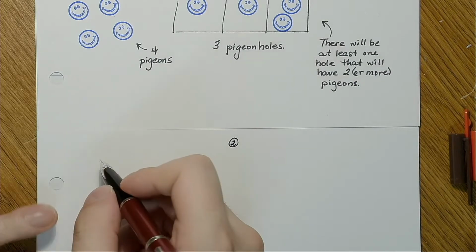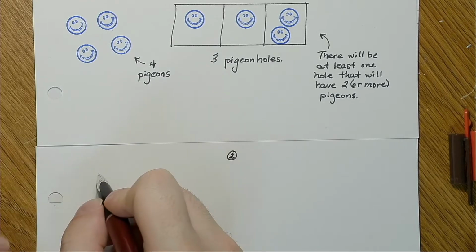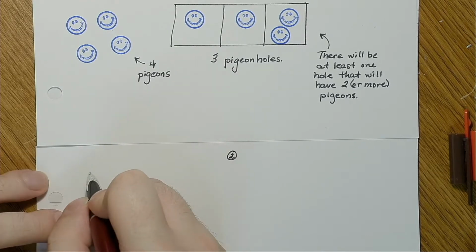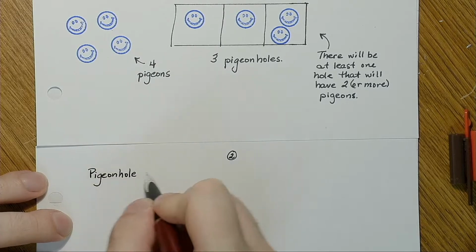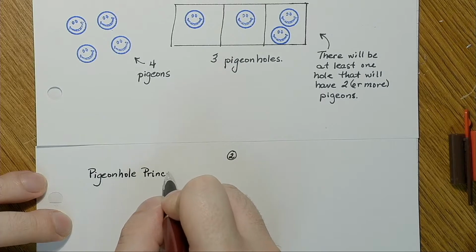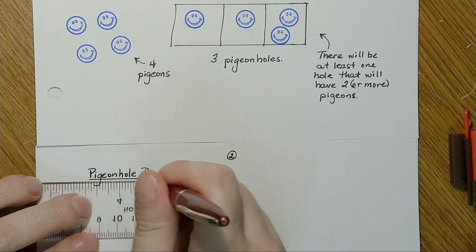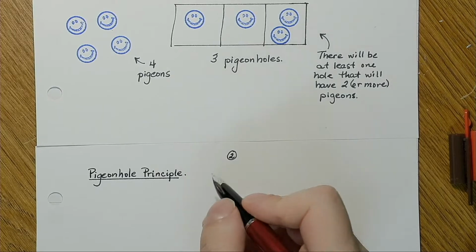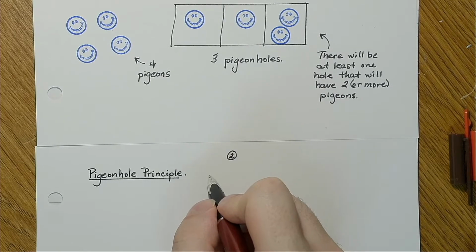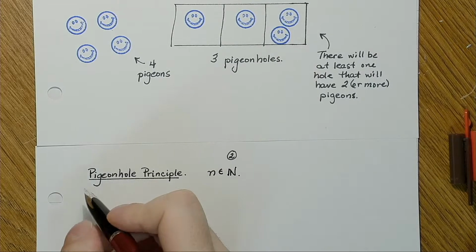So the pigeonhole principle, using these ideas, I'll just formalize it. Pigeonhole principle. We'll say n is a natural number.